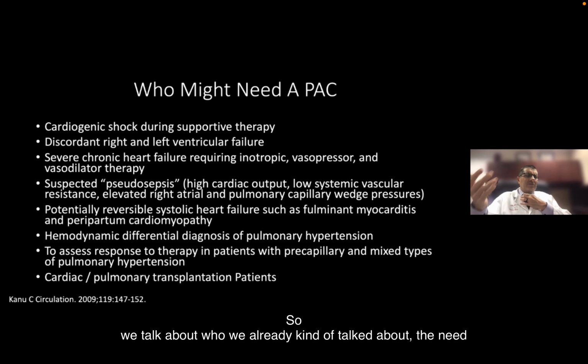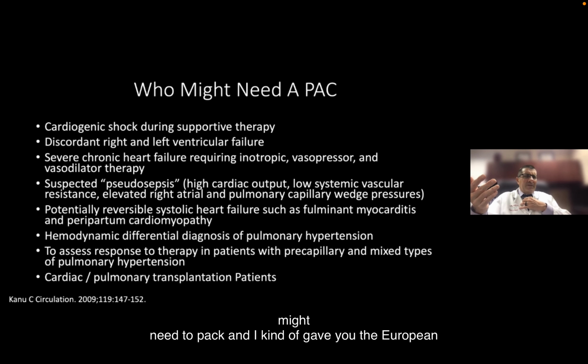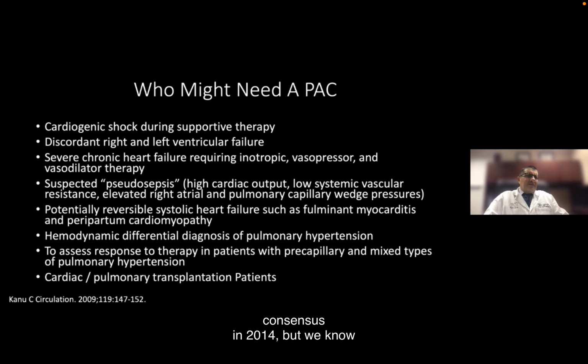So we've already talked about who might need a PAC, and I gave you the European consensus in 2014, but we know that cardiogenic shock is probably the biggest player in getting a pulmonary artery catheter. Discordant right and left ventricle, I beat that very much with this.